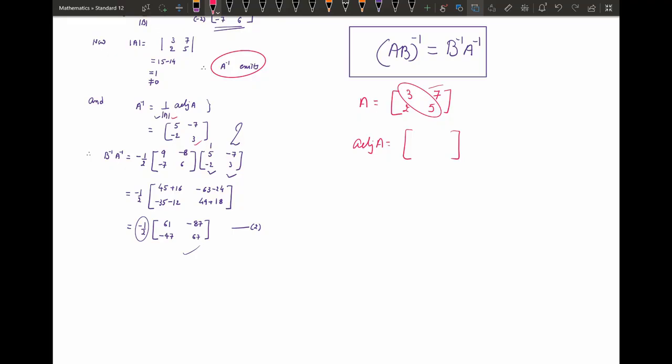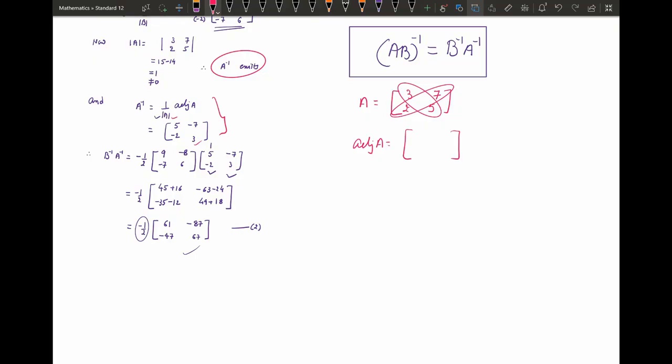Change the sign of the entries which lie in the subsidiary diagonal, so -7, -2. So this is A inverse, and since determinant A is 1, adjoint A is the same as A inverse.